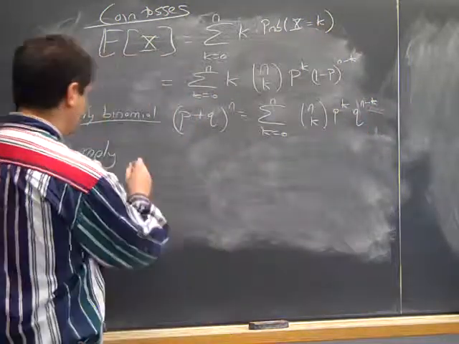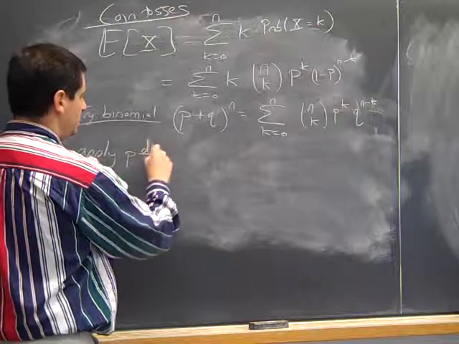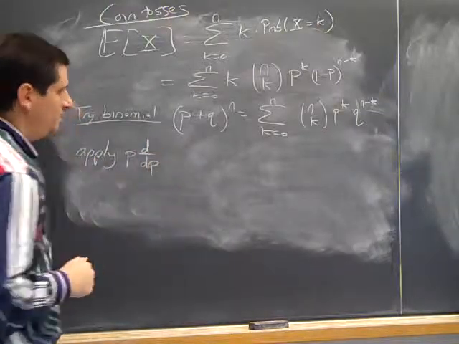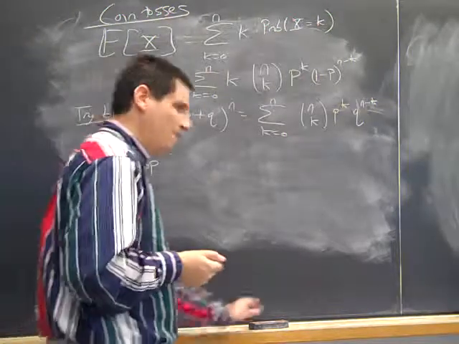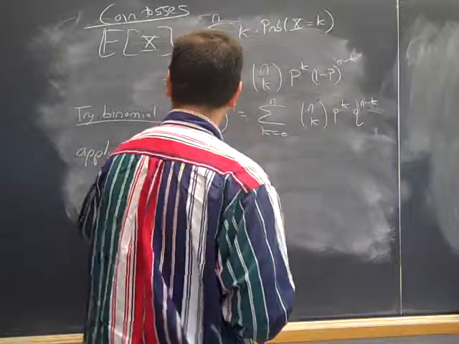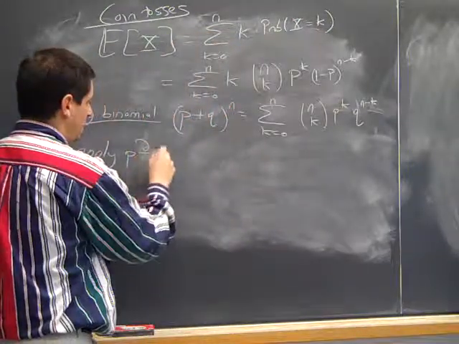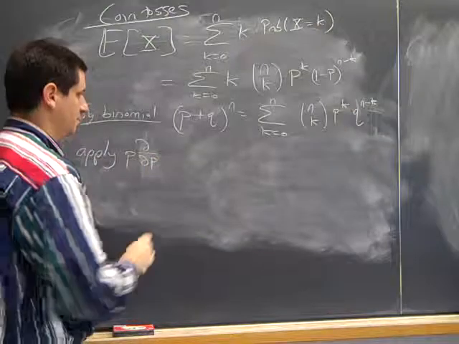Yeah, so I think it's much better to apply the operator p d by dp. I've got to be a little bit careful here. Should I be writing full derivatives or partial derivatives with respect to p? I think I should probably write partial derivatives if I'm going to consider q as a variable. And so I would apply maybe p partial with respect to p.